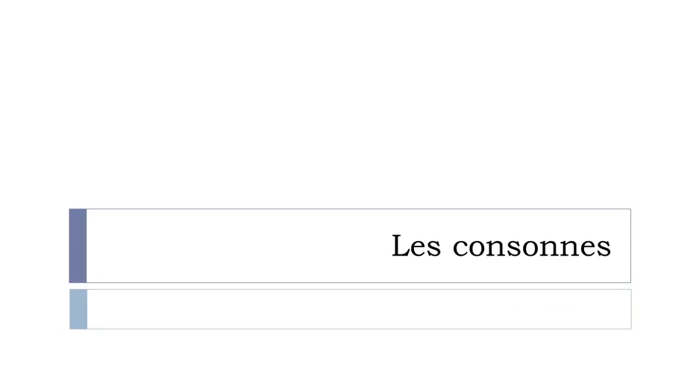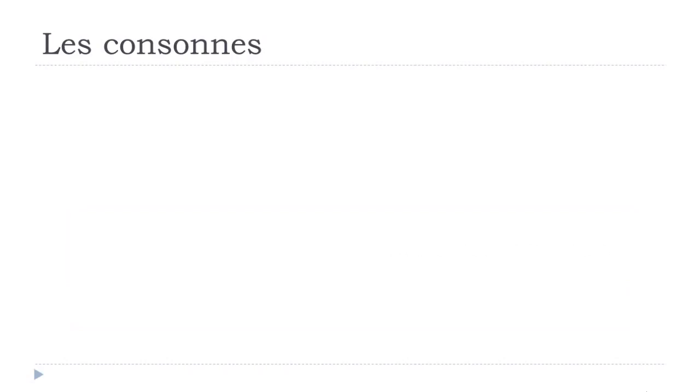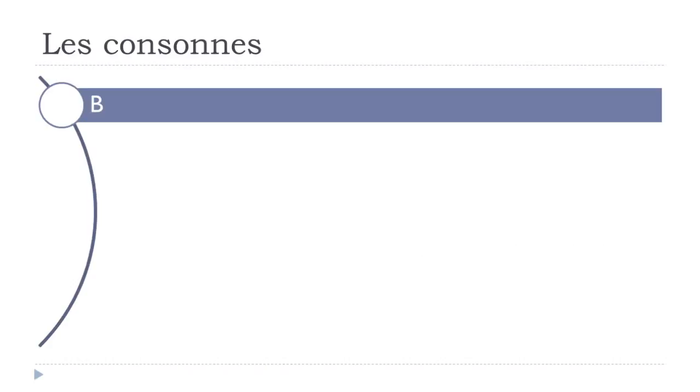And in this lesson, we'll discover the pronunciation of the consonants, les consonnes. Are you ready? So let's start now. Les consonnes, B. This one shouldn't be that difficult to produce.